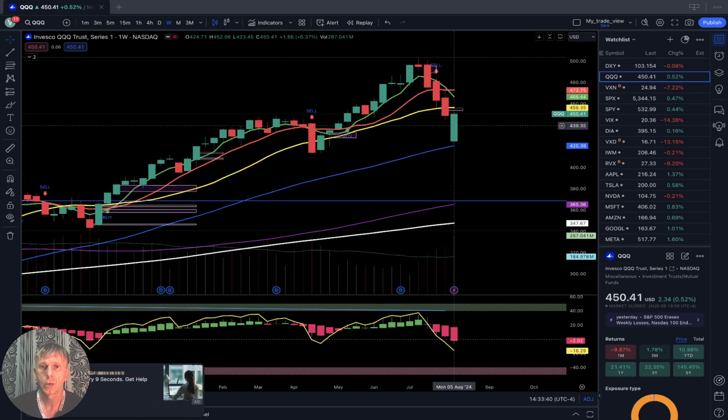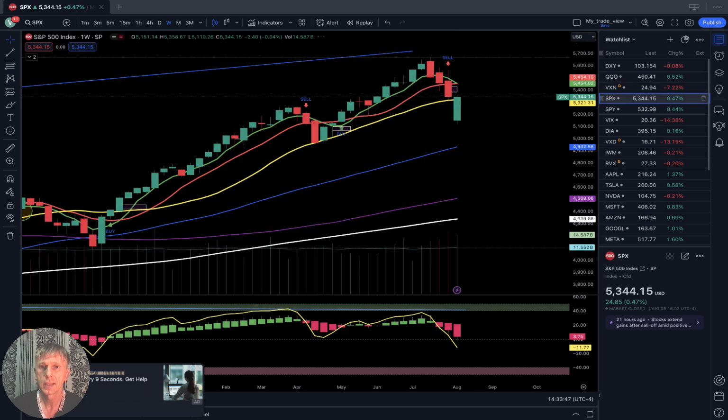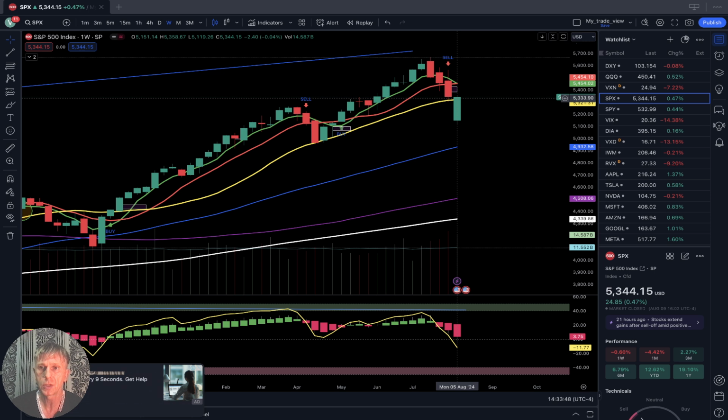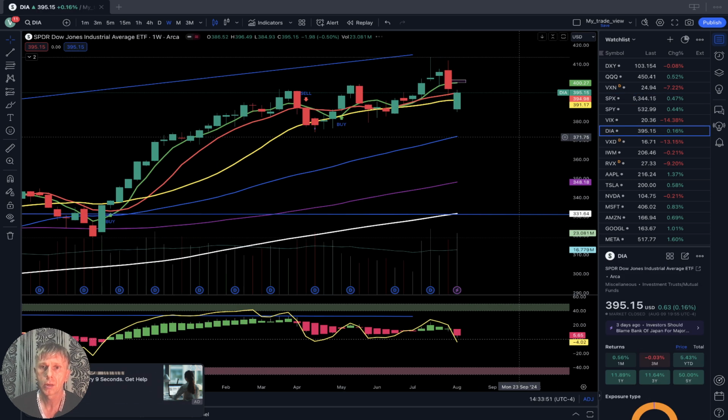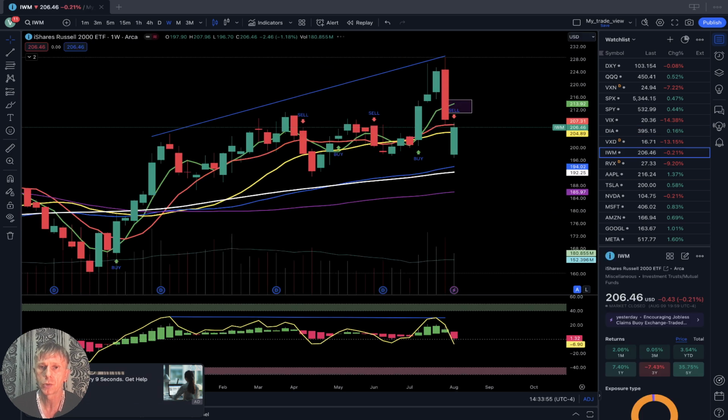You see, Qs, Nasdaq weekly below SMA 20, S&P 500 still closed above SMA 20, Dow Jones closed above SMA 20, and IWM also closed above SMA 20. Only Qs bearish in reality, in the bearish territory on weekly time frame.